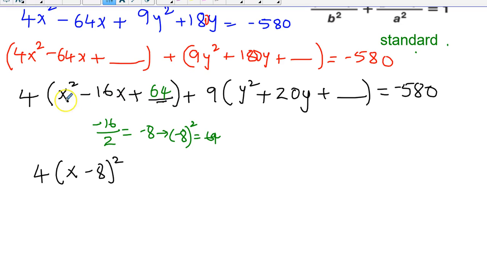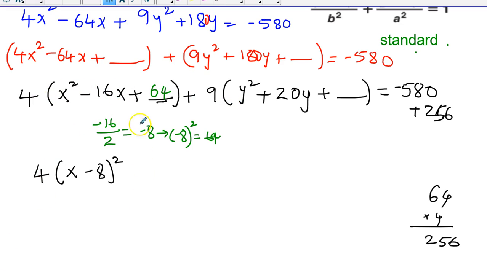On bringing 64 and times 4 here, 4 times 64, that is 256. That is, you added 256 on the left hand side of this expression. So I will add the same 256 on the right hand side also.